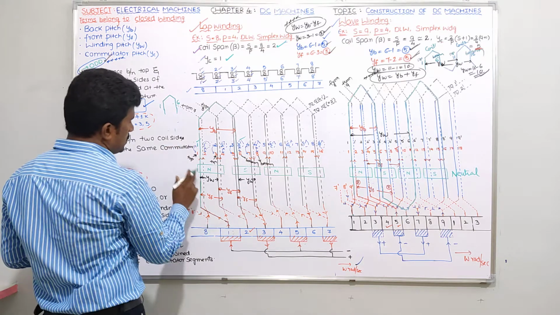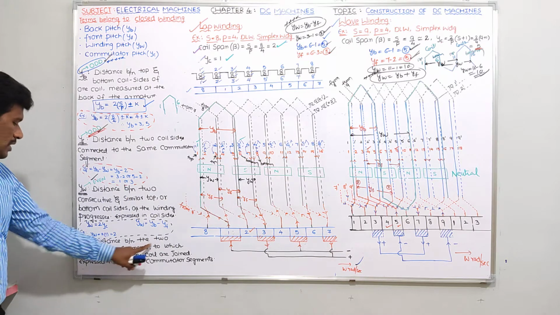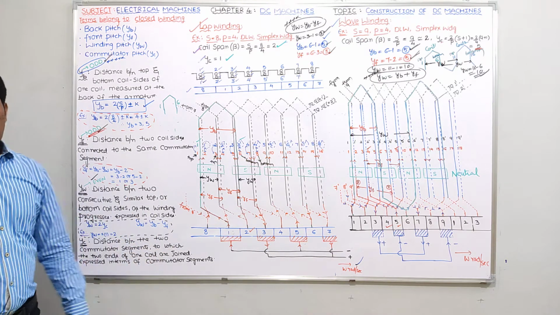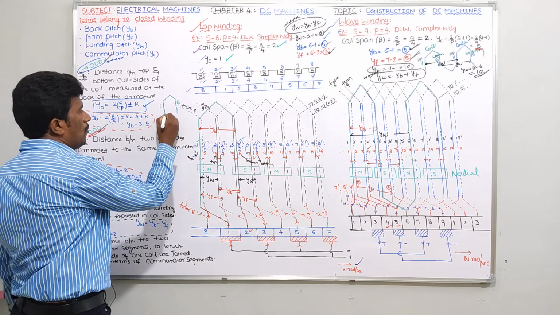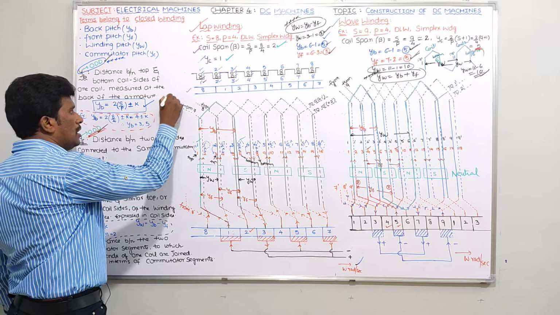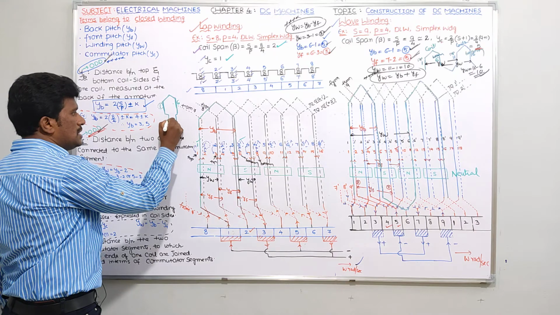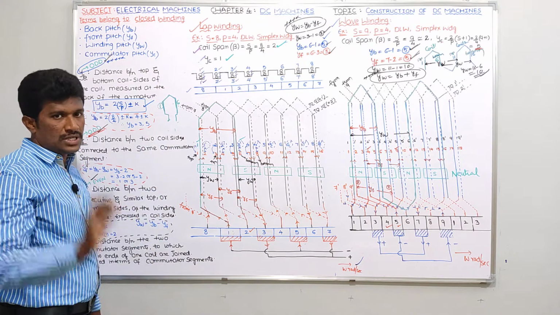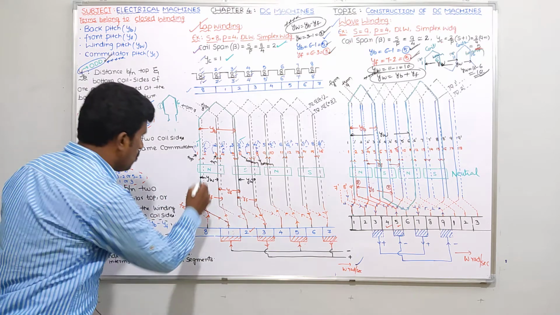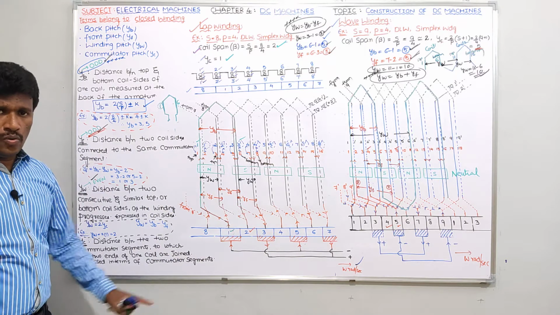If you take this coil, the distance between the two commutator segments to which the two ends of one coil are joined. So tell me, conductor number 1 is connected to which commutator segment in this example? Yes, commutator segment number 1.